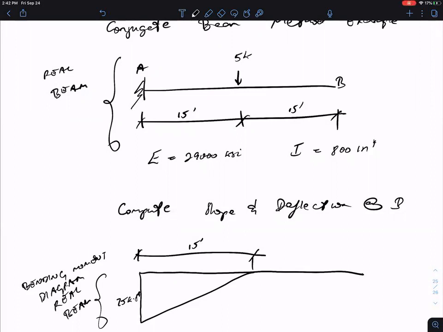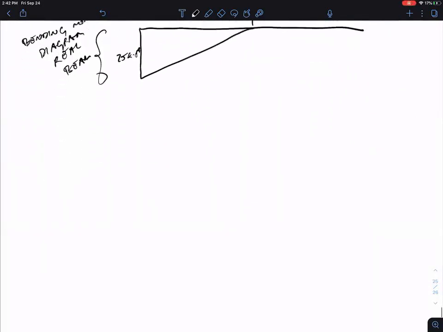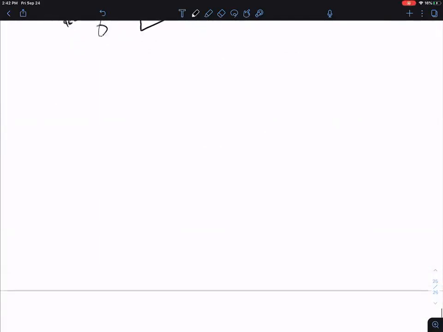Then we are going to establish our conjugate beam. So remember, in the case where the real beam has a fixed end, that means it has 0 rotation and 0 transverse displacement.